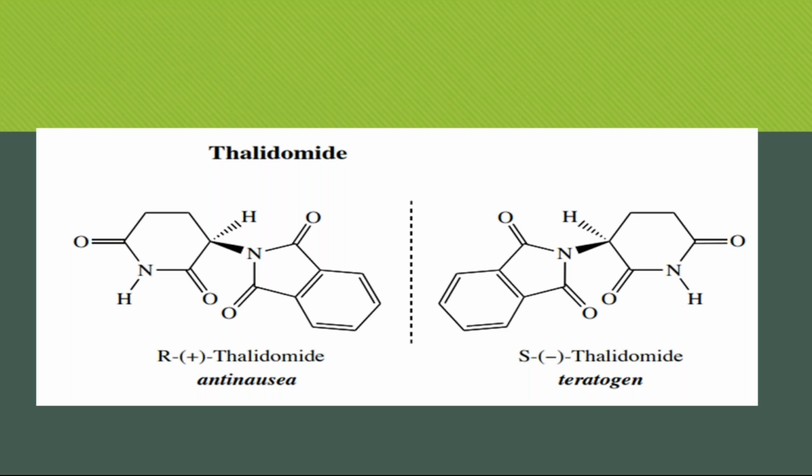Have you heard what teratogen means? These are agents that inhibit or disrupt the development of the embryo or fetus. So thalidomide should not be given to a pregnant lady, as it may lead to birth defects in the child.